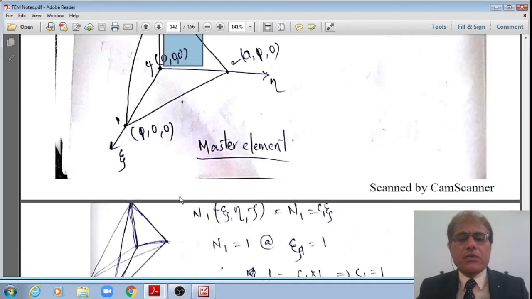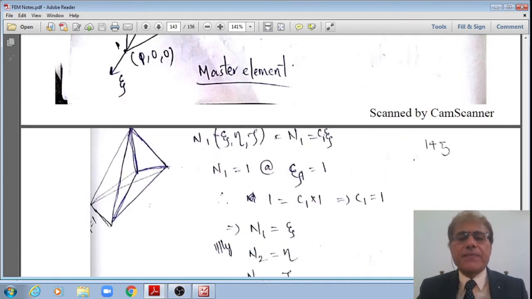Therefore, the shape function can be written using the product rule as n1 is equal to c1 multiplied by xi, right? n1 is a function of xi eta zeta, the local coordinates or natural coordinates.